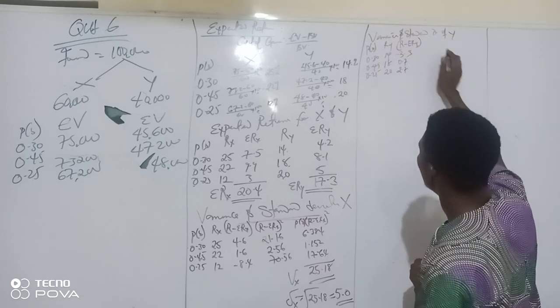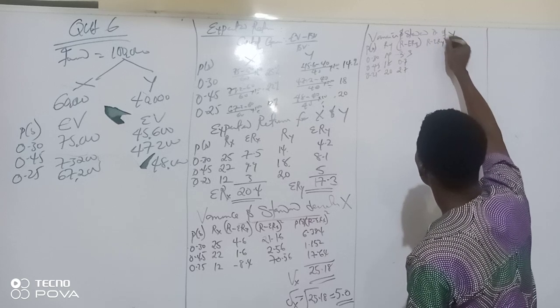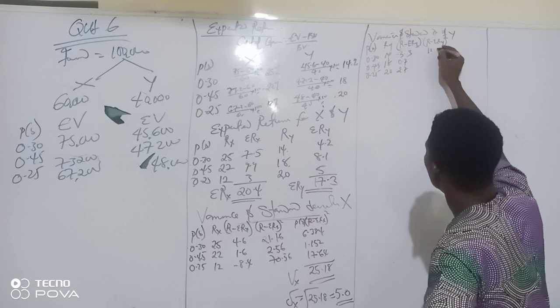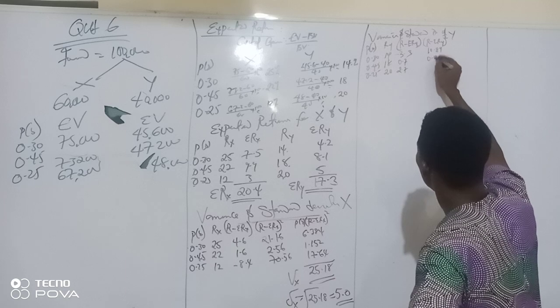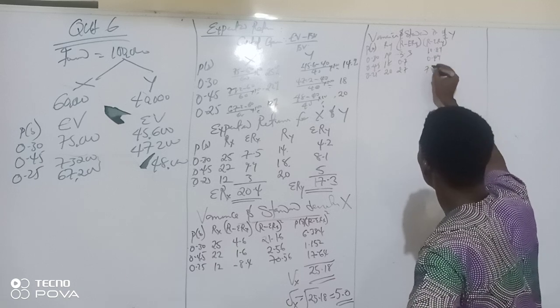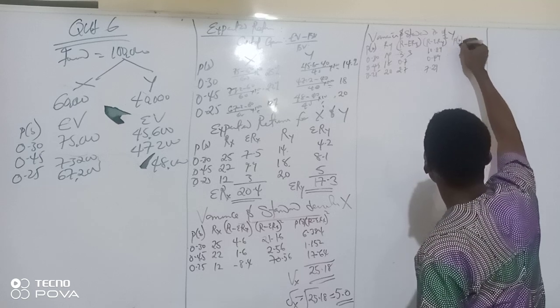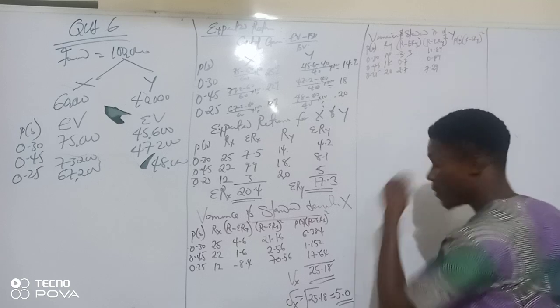Then squared, these are 10.89, 0.49, and 7.29.